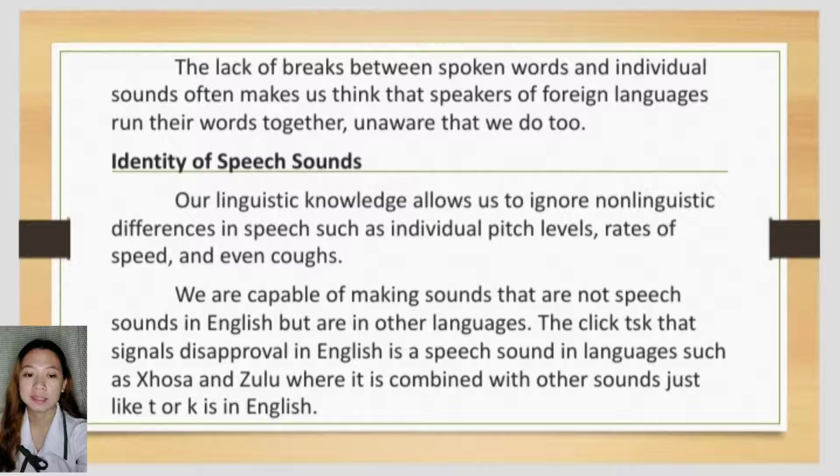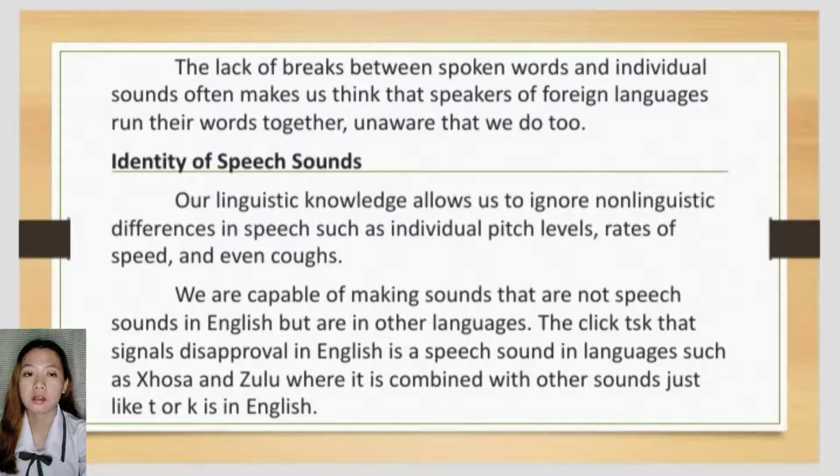The lack of breaks between spoken words and individual sounds often makes us think that speakers of foreign languages run their words together, unaware that we do too. X-ray motion pictures of someone speaking make the absence of breaks very clear. One can see the tongue, jaw, and lips in continuous motion as the individual sounds are produced.